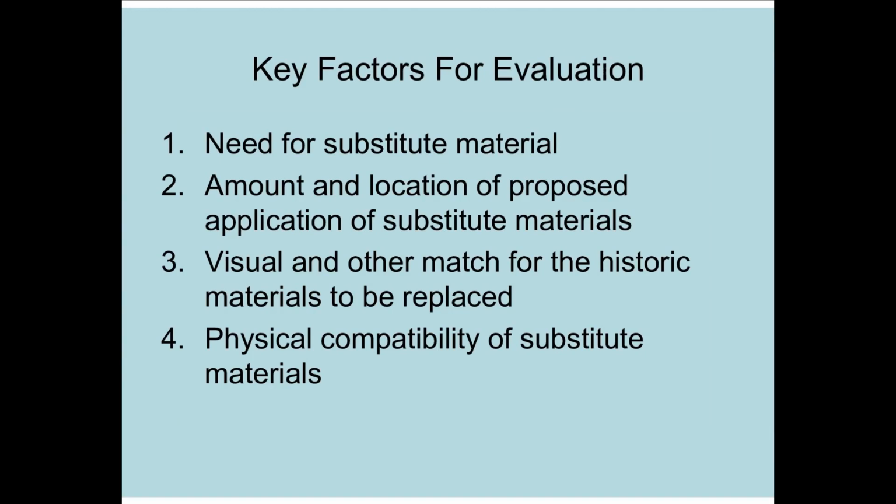These criteria should be used to evaluate a proposed application of substitute materials: the need for substitute material, the amount and location of proposed application of the substitute materials, visual and other match for the historic materials to be replaced, and physical compatibility of substitute materials.